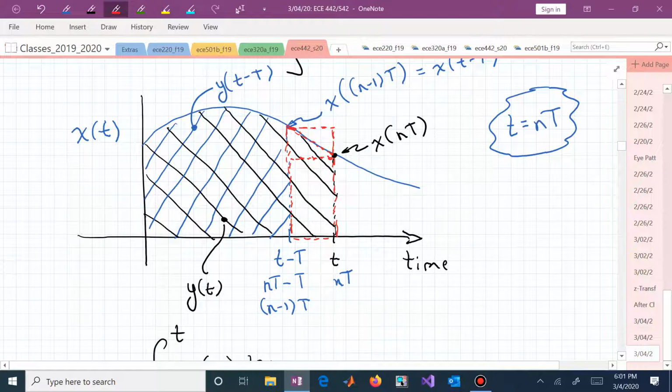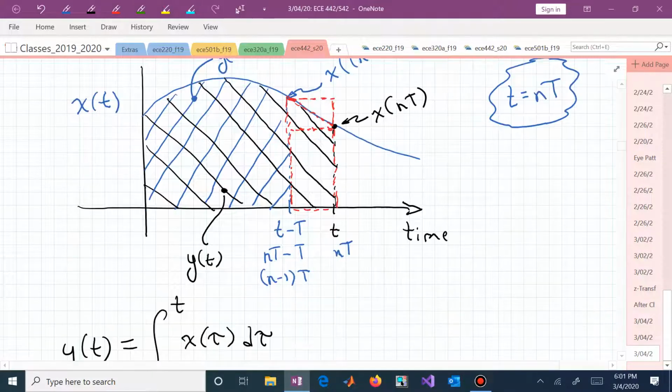We're approximating that area by one of those three strategies: a forward approximation, a backward approximation, or a trapezoidal. Or they may call the trapezoidal a Tustin or a bilinear. Just letting you know on the terminology.